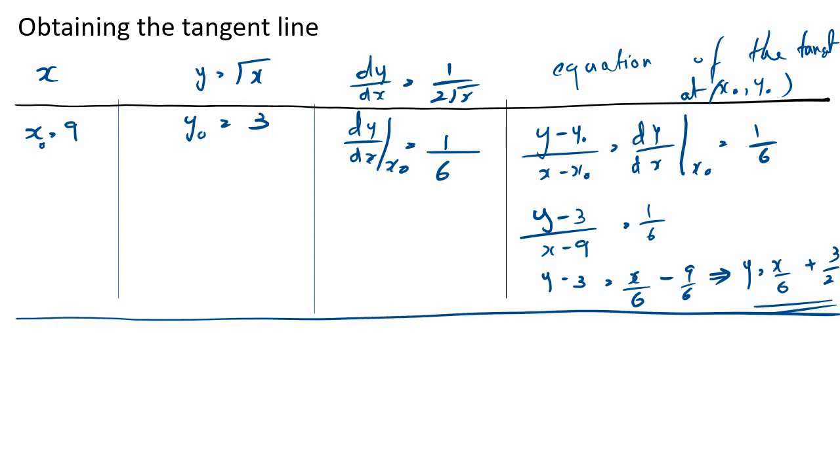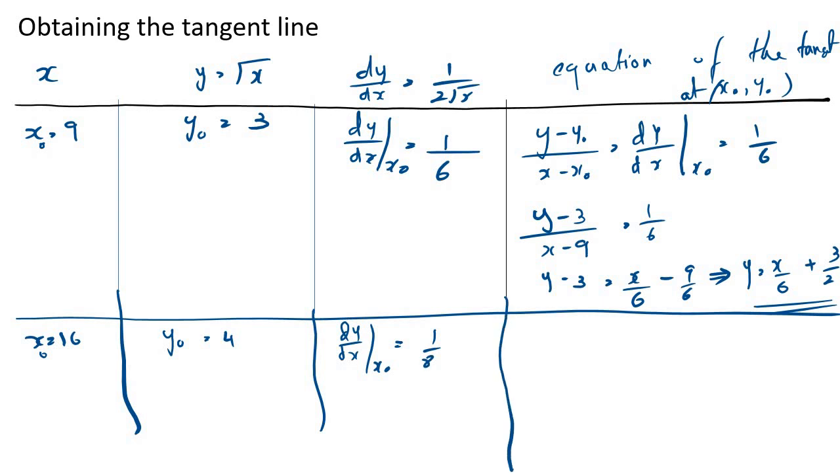So let's take another example. When x is equal to 16, we call this x0. When x is equal to 16, y0 would be 4, and dy over dx at x0, which is 16, is equal to 1 over 8.